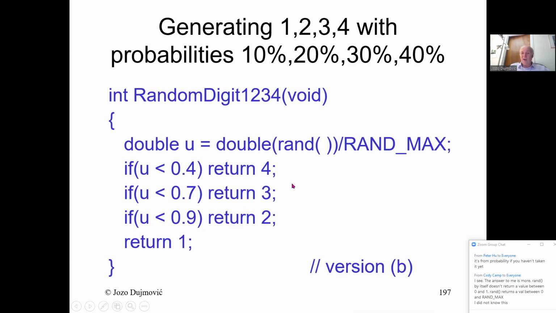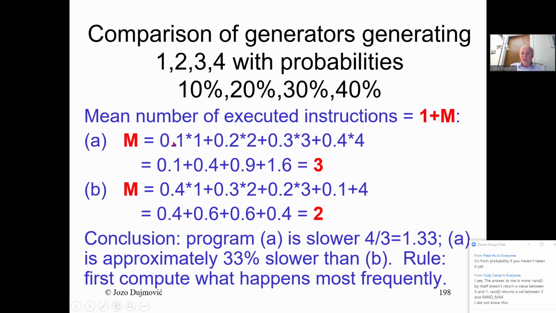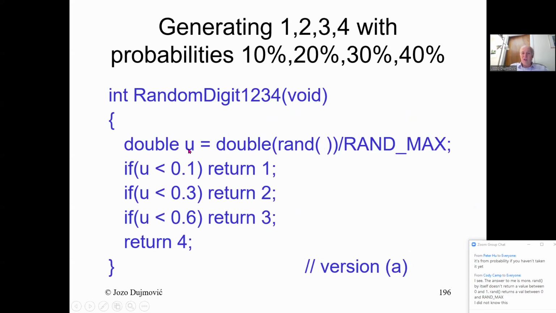So I can write like this: in the first case, with 10% probability, 0.1, I have only one statement, because with probability 0.1 I'm going to return 1. And we'll have one statement out of these 1, 2, 3, or 4 of them that I can execute. So with 10%, I have 1. With 20%, I have 2.